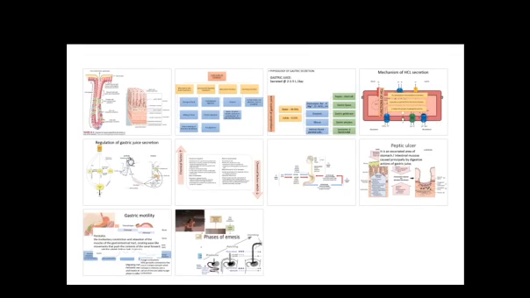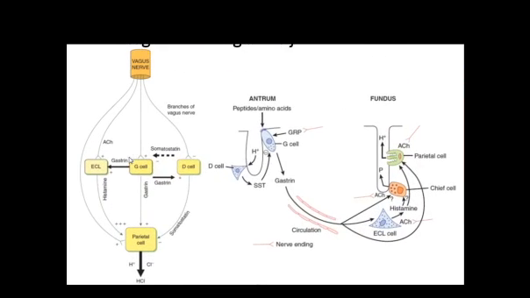Now let us see how the secretion of this gastric juice is regulated. It is mainly regulated by 2 mechanisms. One is neural mechanism and another one is chemical mechanism. The neural mechanism is mainly regulated by vagus, which innervates the GIT as a whole, not only GIT as a whole but also stomach.